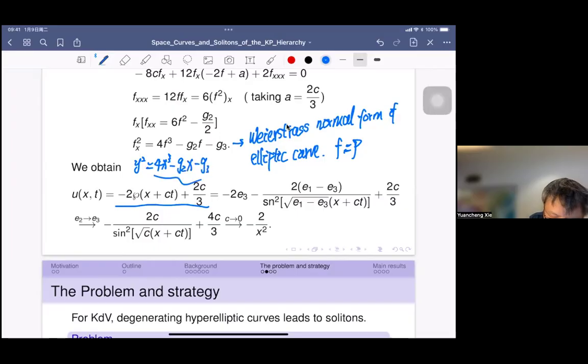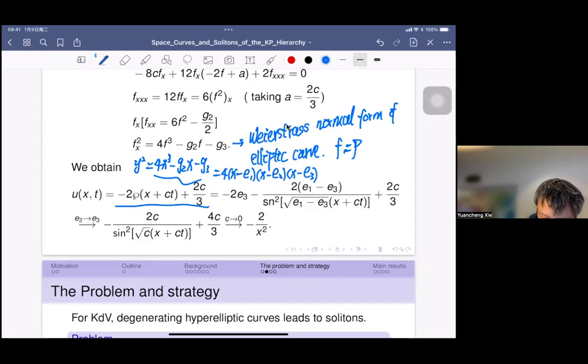So the right-hand side is a degree 3 polynomial, so we can decompose it; it has three roots. The three roots, we write as E1, E2, and E3.